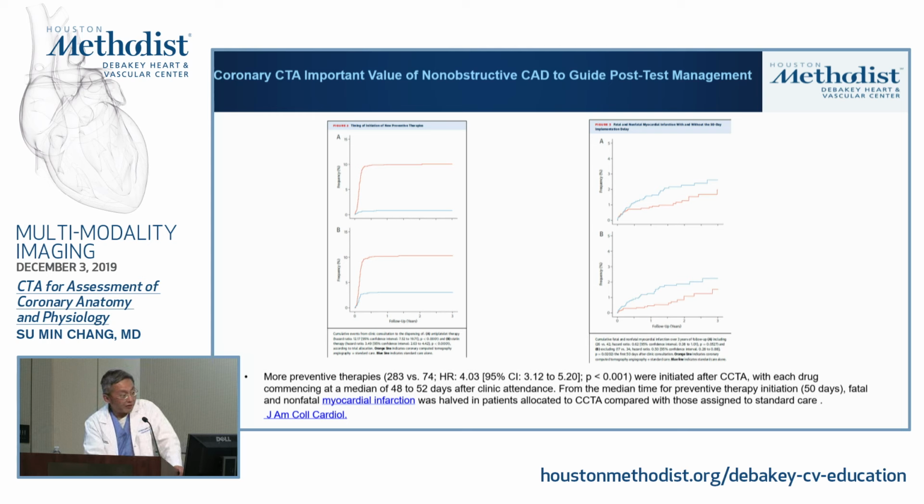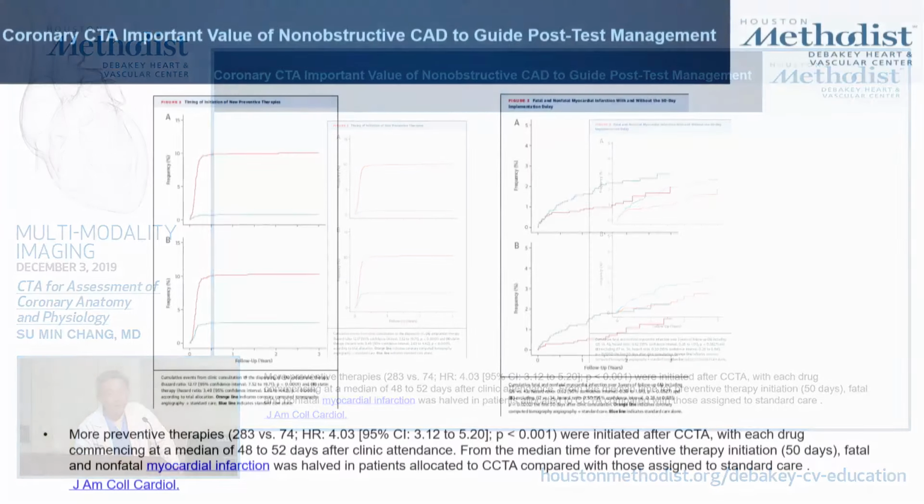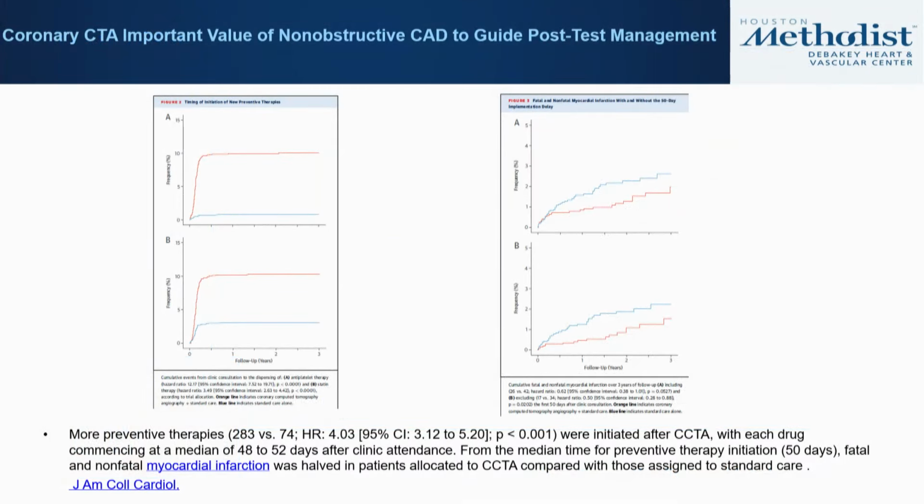And not surprisingly, there were significant changes in the medical treatment in these patients. As you can see, a lot more patients in the red line, patients assigned to CT, and the blue line for conventional standard care. I mean, you can see that it's truly only about 10, 15%. But in terms of odds ratio, it's significant. More patients were put on antiplatelet therapy and lipid-lowering therapy, okay?